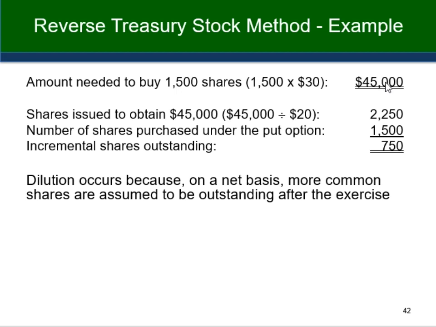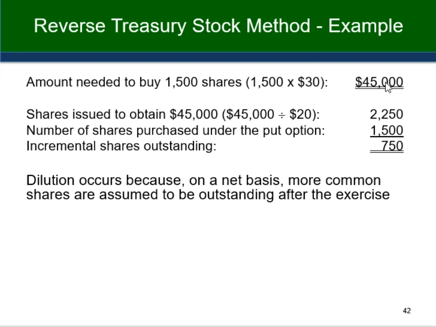So $45,000 is the amount we need to buy 1,500 shares at $30. So the current market price is $20. We're going to have to issue 2,250 new shares to generate the $45,000. So we have that $45,000 in our imaginary bank account to purchase the 1,500 shares at $30.